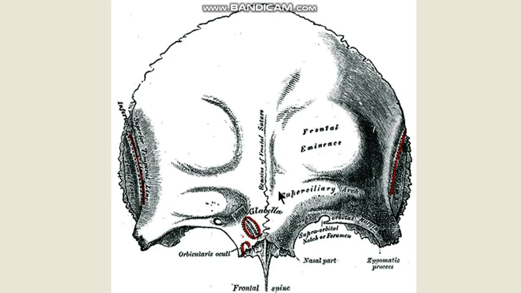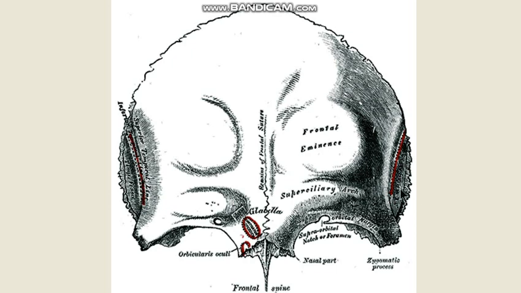As far as muscle attachments are concerned, you have a little bit of attachment of the orbicularis oculi over here and the corrugator supercilii over here, which are mostly attached to the subcutaneous tissue of the face. And if you come to the sides over here, this zygomatic process, the zygomatic arch, is continuous above with the superior and inferior temporal lines, two curved lines passing over by the sides of the squamous part of the temporal.